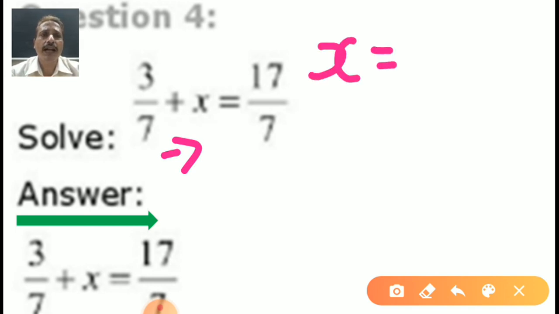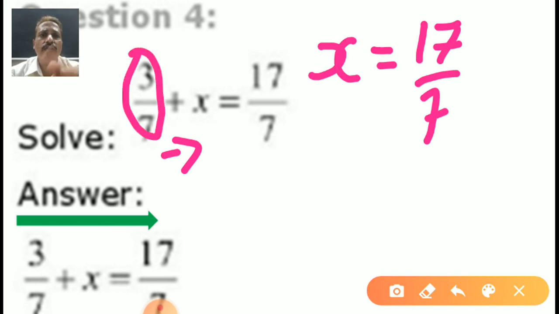What is there now on the right side? 17 upon 7 was already there. Now this 3 upon 7 will shift or transpose to the right side. And what sign does 3 upon 7 have? No sign, that means a plus sign. Whenever it changes, it becomes a minus. So minus 3 upon 7.